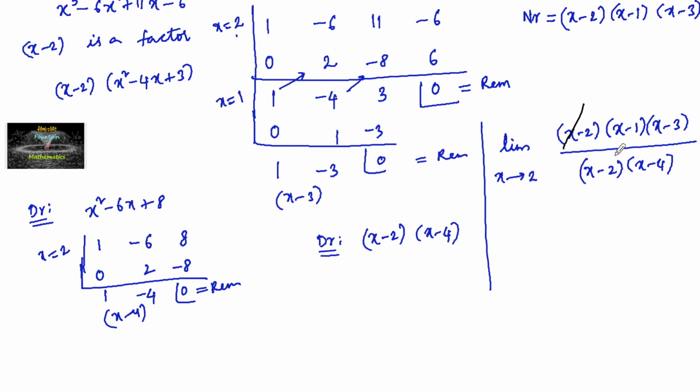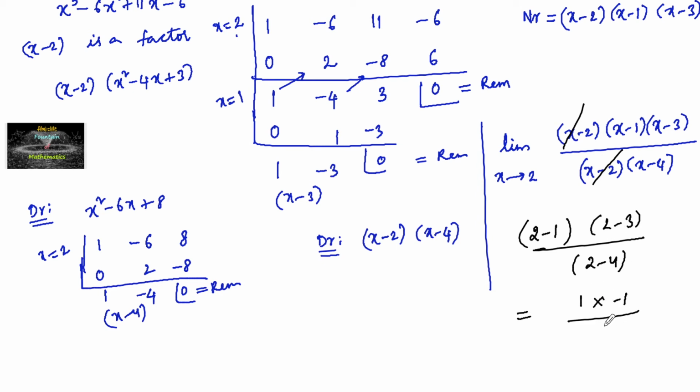Now we can cancel the x − 2 terms, and by substituting x = 2 we will not get 0 by 0, because there is no other such factor. So we directly substitute: (2 − 1)(2 − 3) upon (2 − 4), which is 1 times −1 upon −2, so this is 1 upon 2. The limit value is 1 upon 2 by the factorization method.